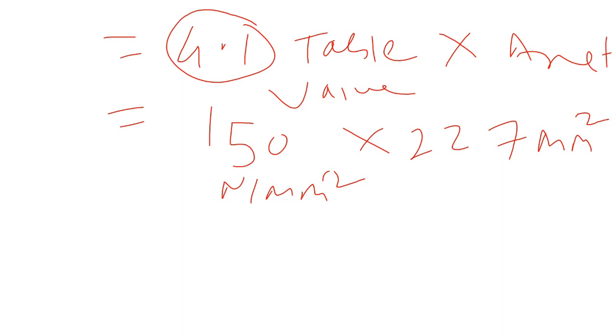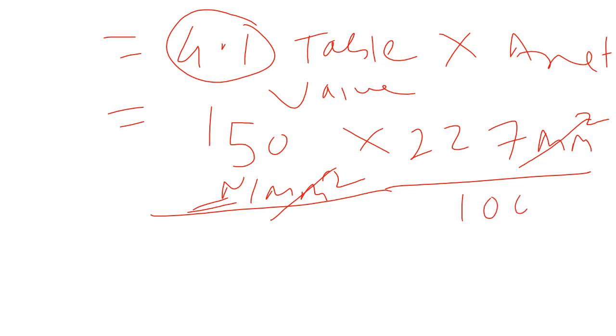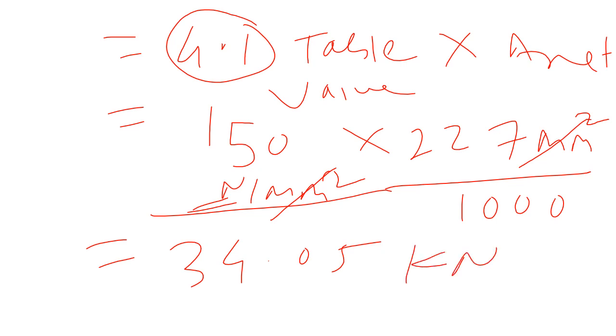So the millimeter square will cancel each other, and we have the value in Newton. To make it kilonewton, we divide this entire quantity by 1000, and the strength of the member when connected by the rivet joint finally comes to 34.05 kilonewton. So this is all about calculating the strength of the tension member when we connect it by using rivets.